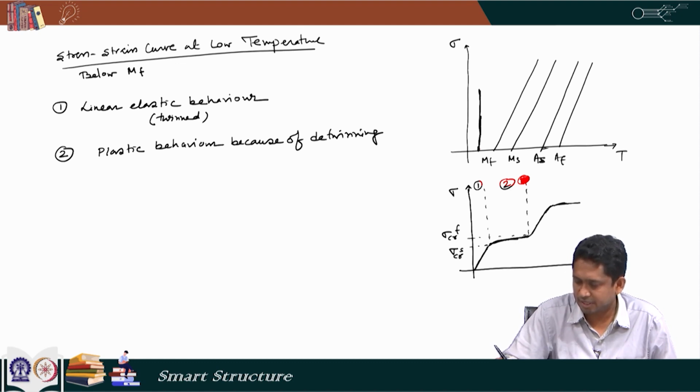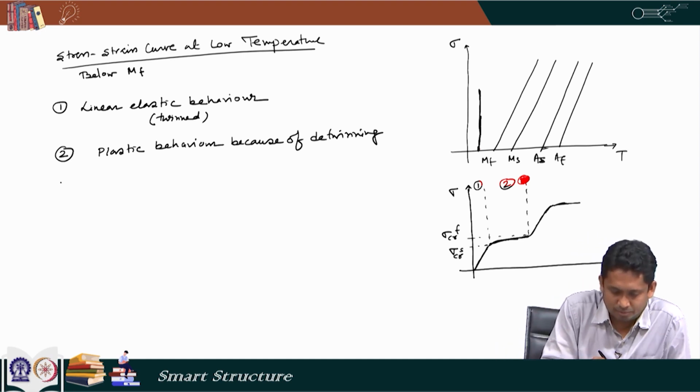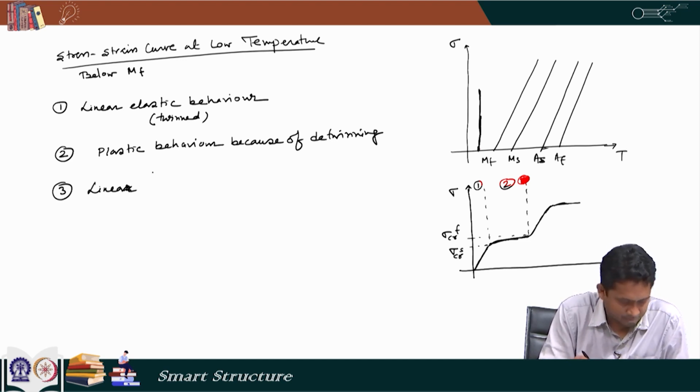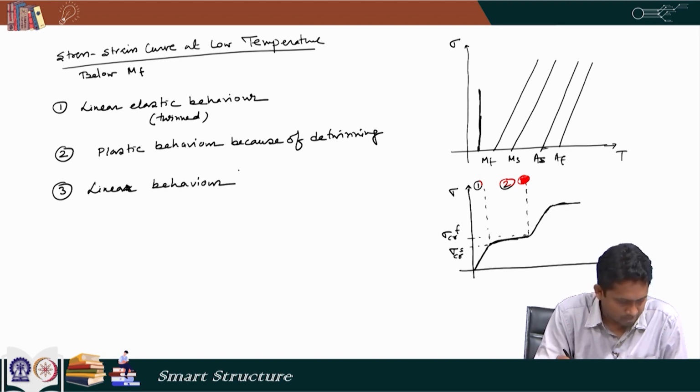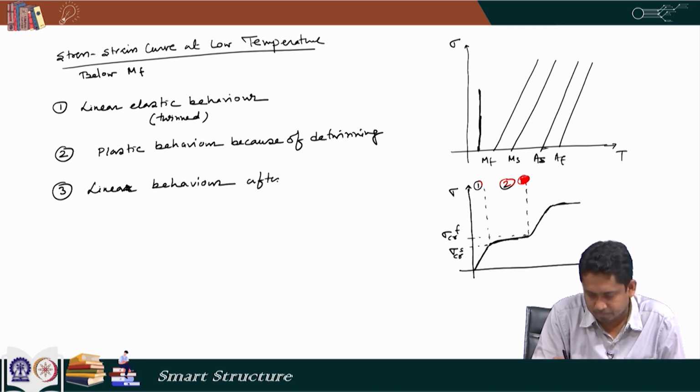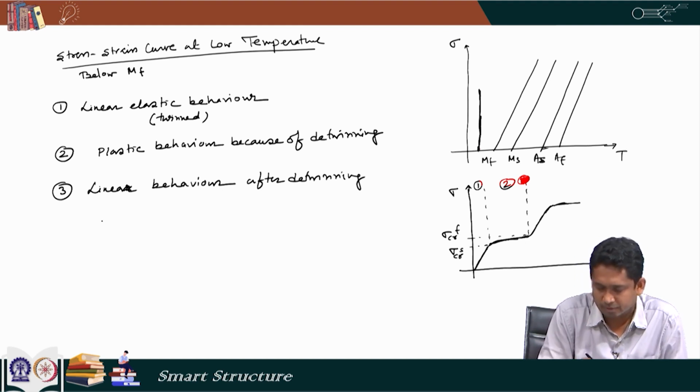Now, if we load it beyond this, then the detwinned martensite shows a linear stress strain behavior again, linear behavior after detwinning, and the slope is the same as in zone 1.